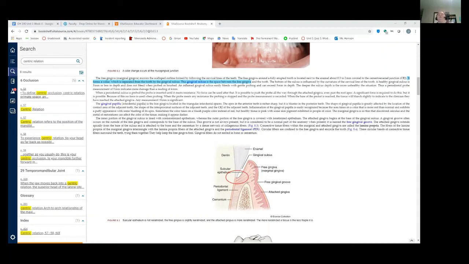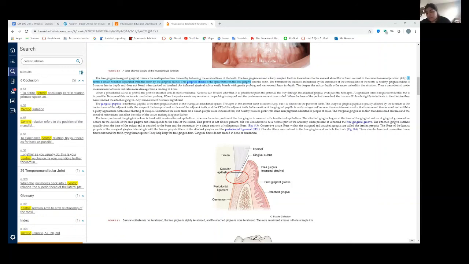Why do you think it's important to keep that free gingiva nice and clean? Because it would be hard to brush your teeth. Okay, hard to brush our teeth. What else? Starts getting retracted, starts getting infected. It would get infected, and that's when it becomes gingivitis and or periodontal disease.